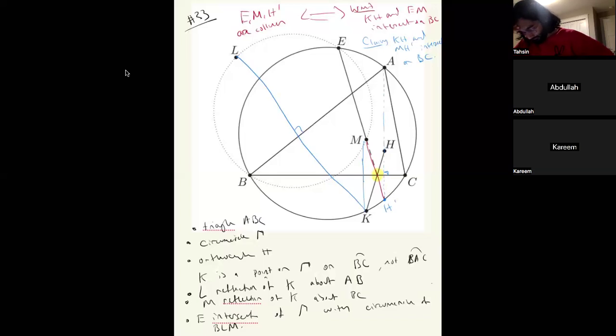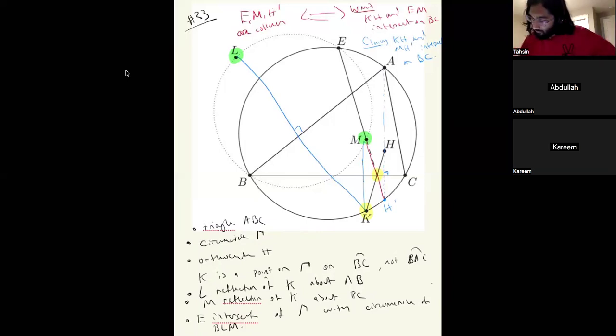Okay, so now what I'll say is this. Let's look at how we constructed everything. We started with K, so everything started with K. And then from K, we got this L and M; we reflected two things.